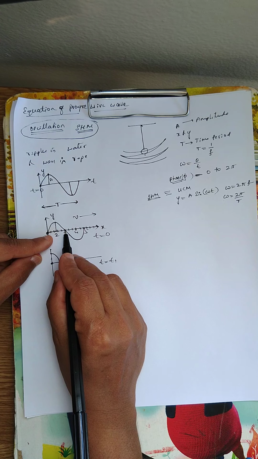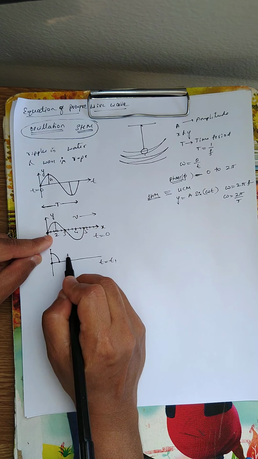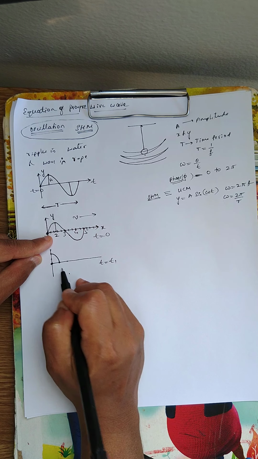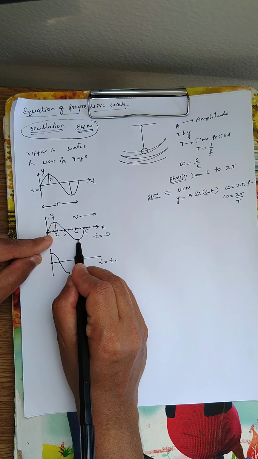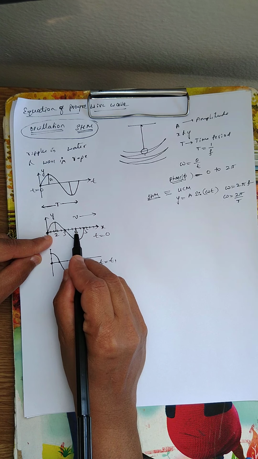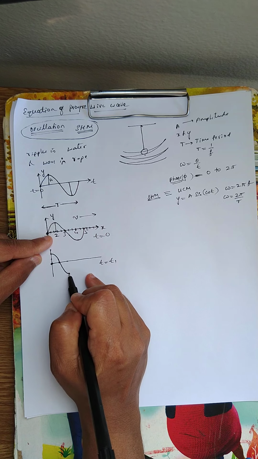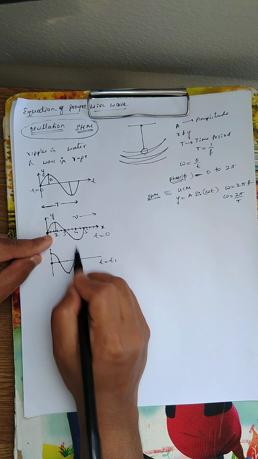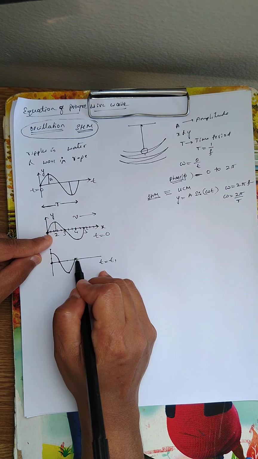The third particle, which was in the mean position, now should move on to the other, negative extreme. The fourth particle, which was at the negative extreme, is now coming back to the mean position.